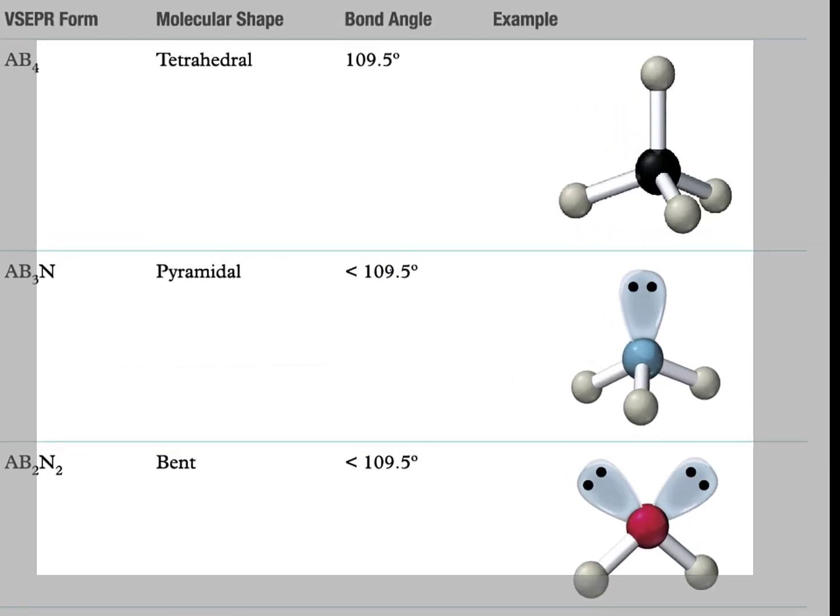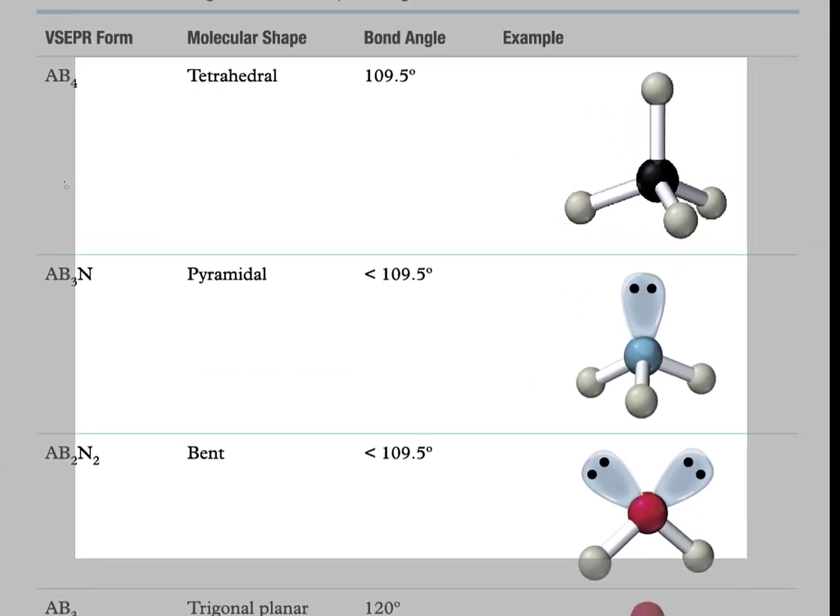You know how sometimes it does this, and then sometimes the gray goes away. Sometimes it doesn't. Okay, so you have AB4, CH4 is a great example, tetrahedral. Okay, AB3N, NH3, great example, pyramidal. So use this chart to look at and get your comparison. And we're just going to stick to these simpler ones.